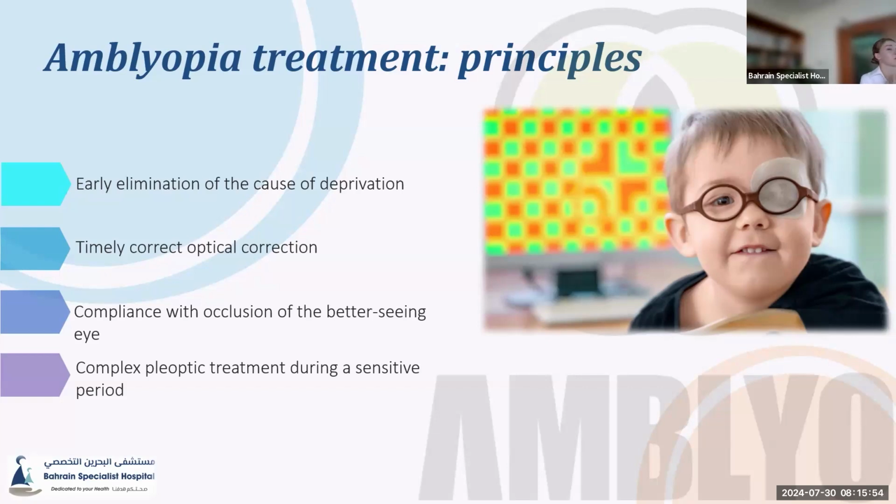For treating, of course, we need an occlusion. We need to do the eye patching. And from the patient, we need compliance with occlusion of the better seeing eye. When we have all these steps, we can start the complex optic treatment during the sensitive period.